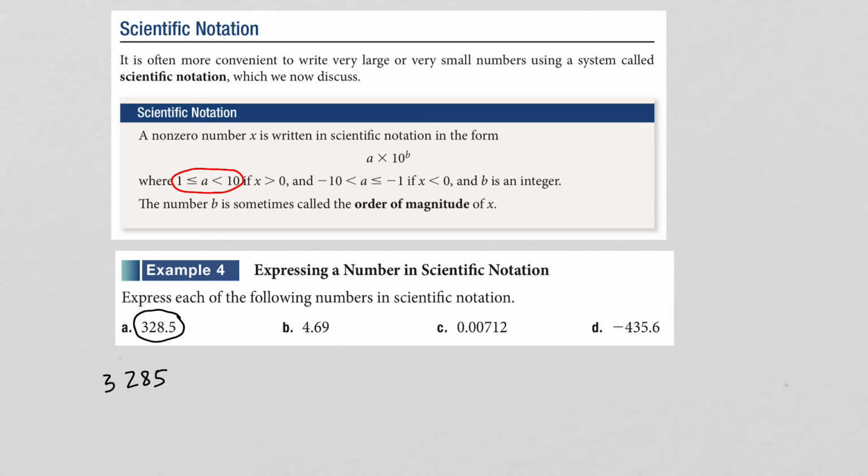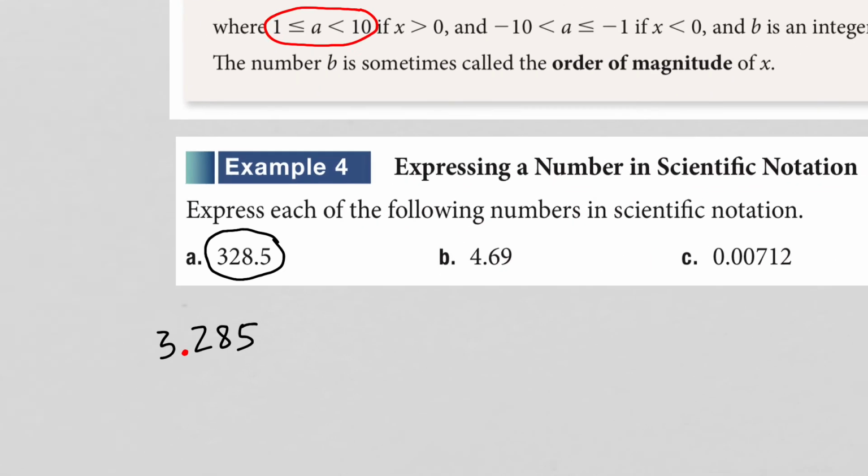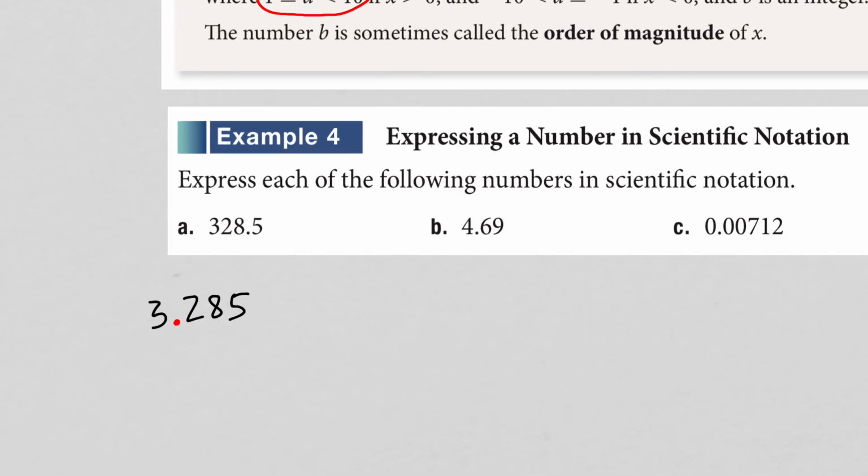So 328.5 is going to become 3.285. So what I had to do is I had to take this decimal and move it 2 places to the left. So if I want 3.285 to be equal to the number that we started with, I need to move that decimal 2 places to the right.